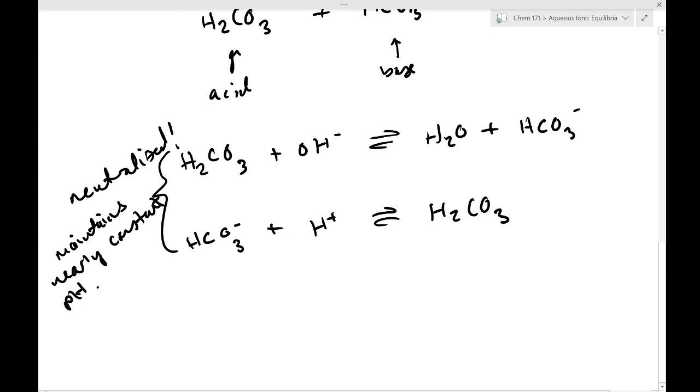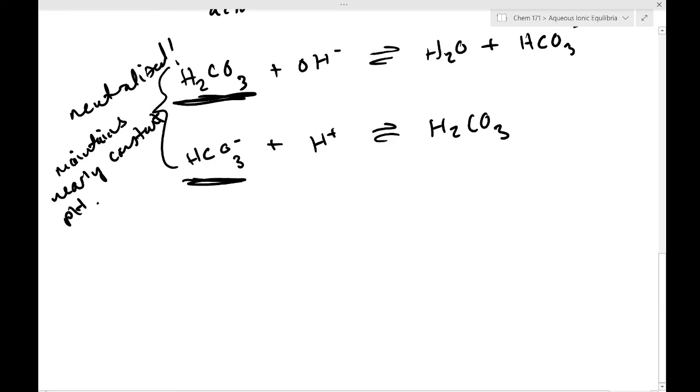And the way that it maintains that nearly constant pH, even if you're adding an acid or a base into the solution, is because we already have large quantities of both the acid and the conjugate base. So adding a little bit of acid or base into the solution won't change the pH at all because we have such a huge amount of carbonic acid and bicarbonate already.